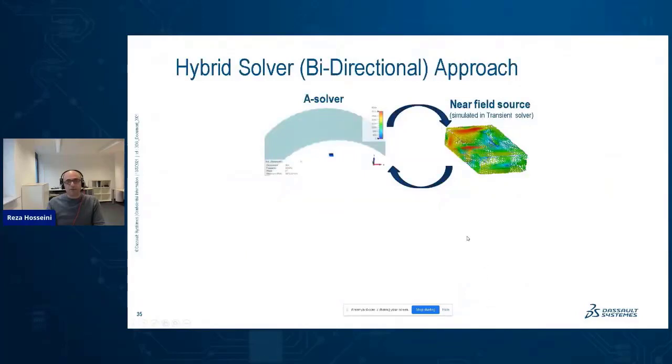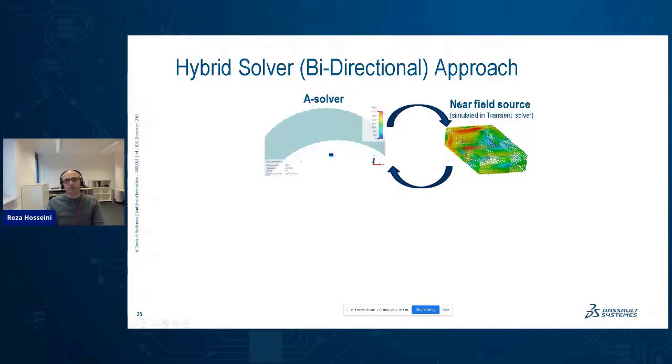So how do we do the hybrid solver? This slide is about how I've done that. It comes from the name: we are combining two different solvers to tackle these electrically large structures. We simulate the antenna with the transient solver, TLM in this case, capture the fields by monitoring and recording them with the help of a near field source, and bring it inside the asymptotic solver, replacing the antenna with the near field source, and run the simulation.